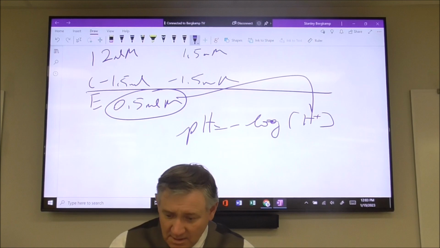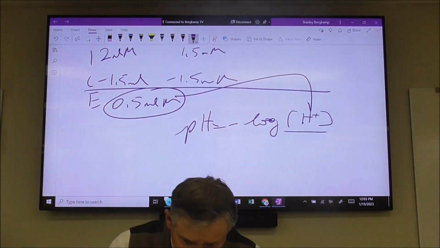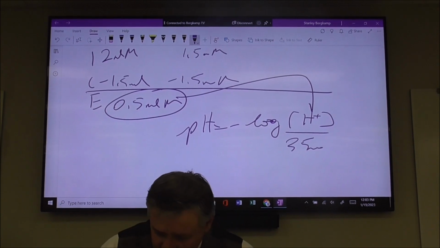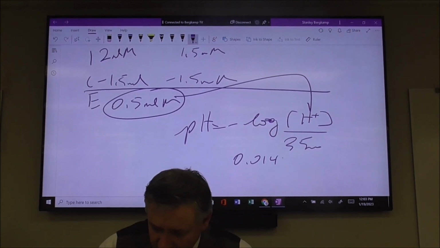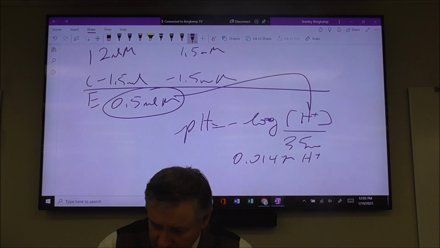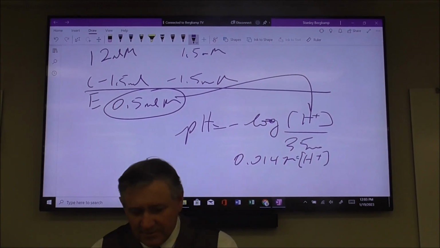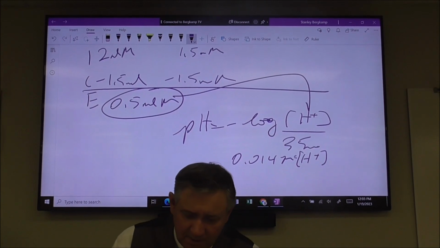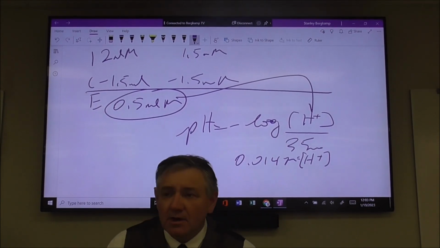Divide by the total volume, which is what, 35 milliliters? And you get 0.014. That's your hydronium ion concentration. Take the negative log of that. Boom, there you go. So your pH on number 1 should be a little bit less than 2.